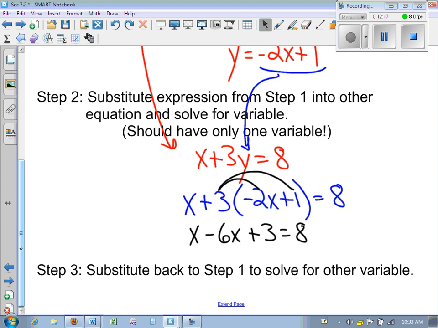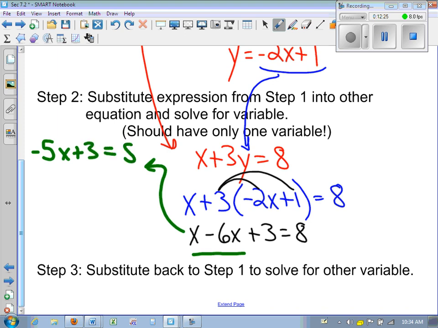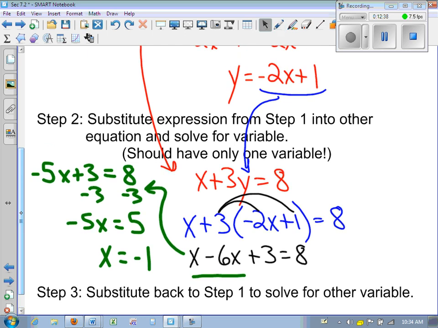Let me bring it up here. Combine like terms: minus 5x plus 3 is 8. Subtract 3. Minus 5x is 5. X is negative 1. Now, not done yet. Still need to bring this down.